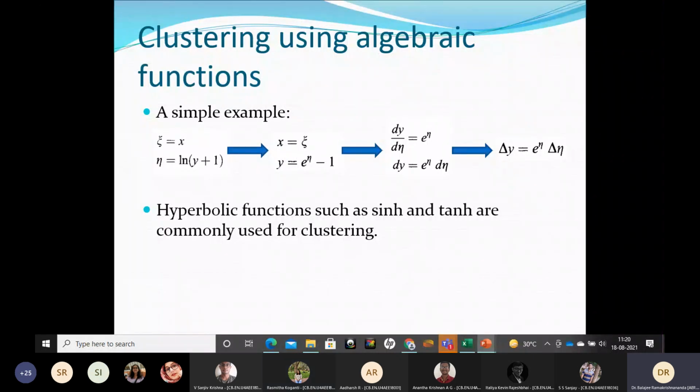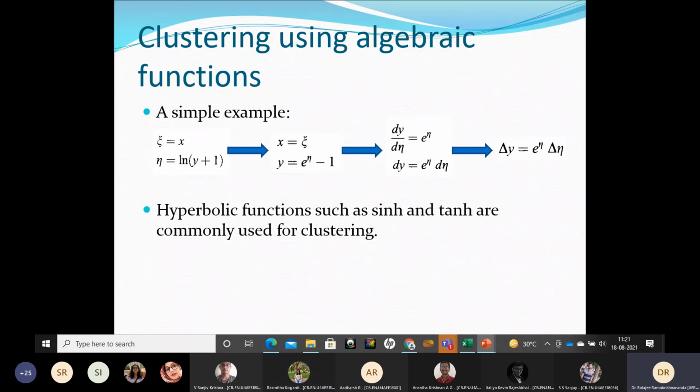Then what is cosh x? I think the sign has a minus in between. e power x minus e power minus x by 2 is sinh x, correct? Whereas e power x plus e power minus x by 2 is cosh x. So sinh x by cosh x will be tanh x.